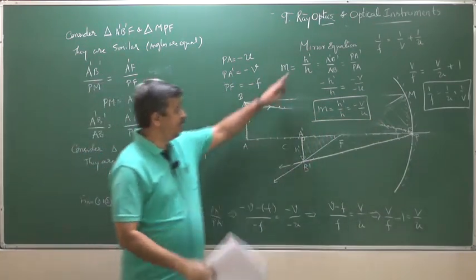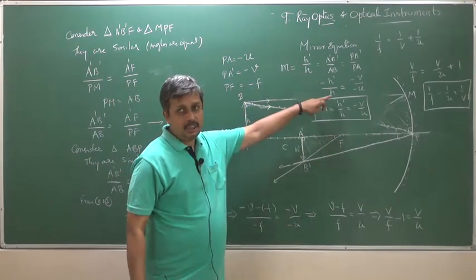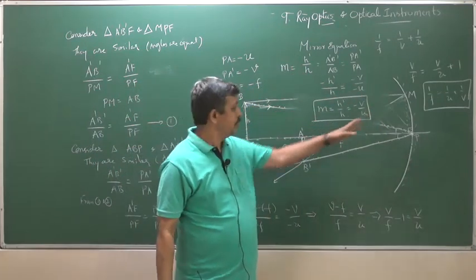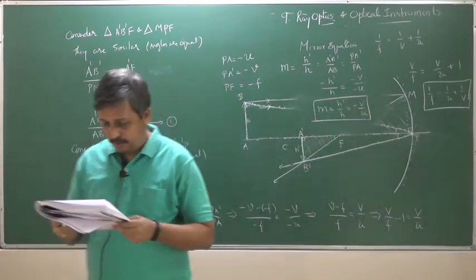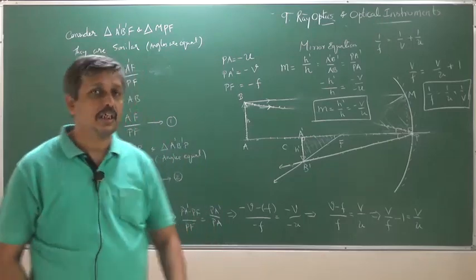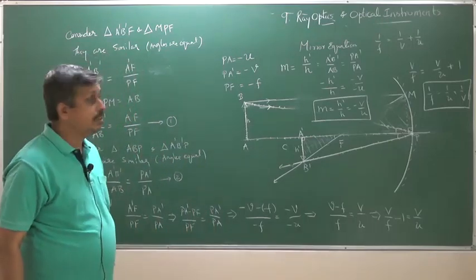M is same as minus h dash by h. So m is equal to minus v by u is the equation for the magnification.